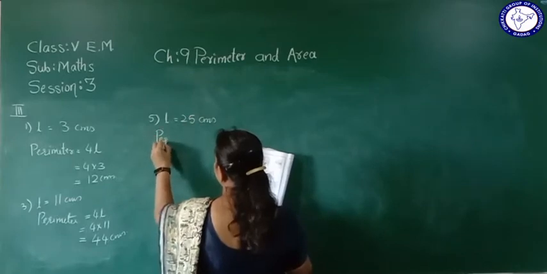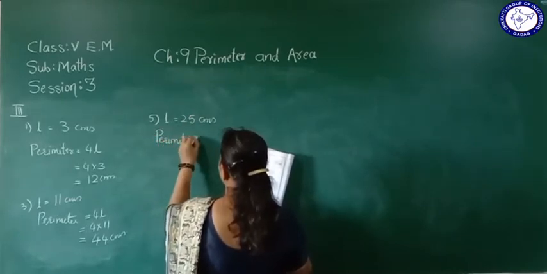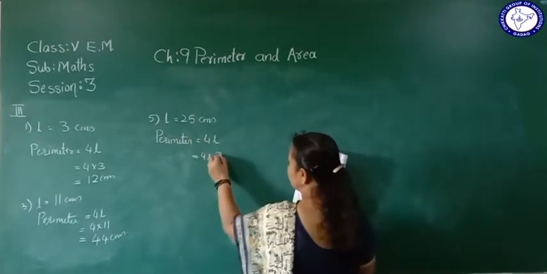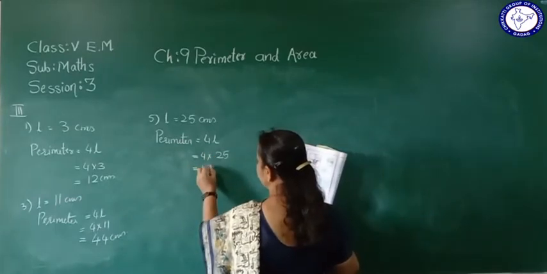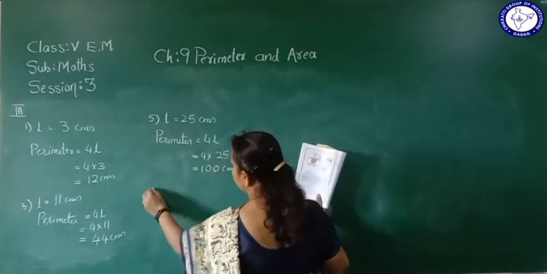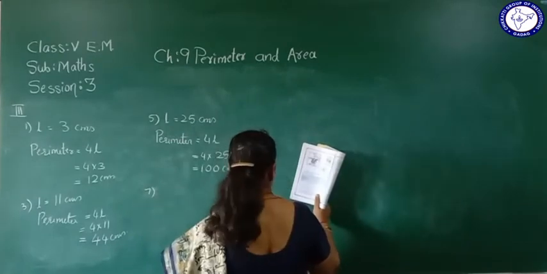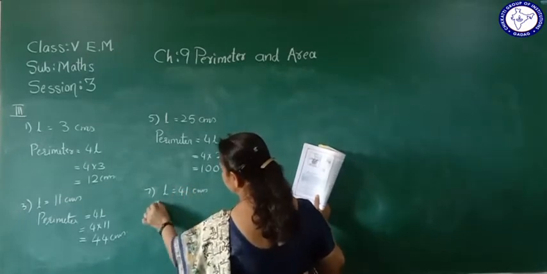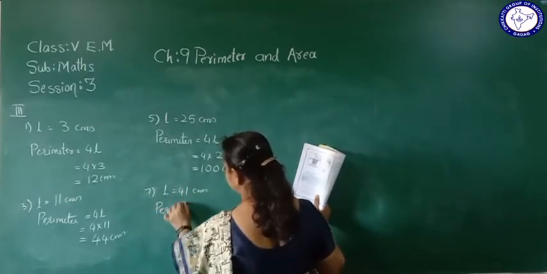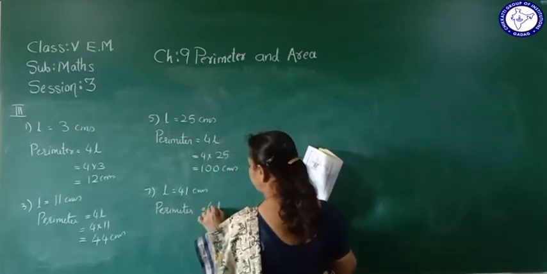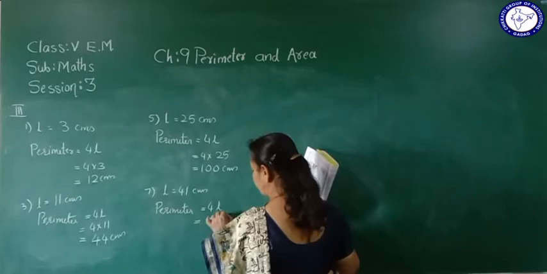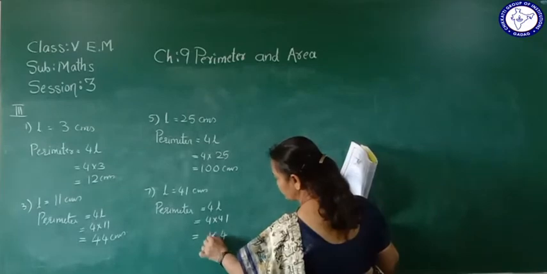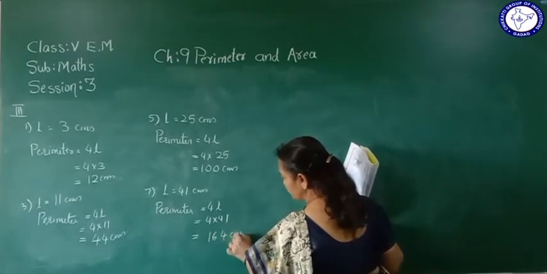Then here the perimeter is 4L, which is equal to 4 into 25. Now 25 4s are 100 centimeters. Then the seventh question here, L is given as 41 centimeters. So here the perimeter is 4L, which is equal to 4 into 41. 4 1s are 4 and 4 4s are 16, 164 centimeters.